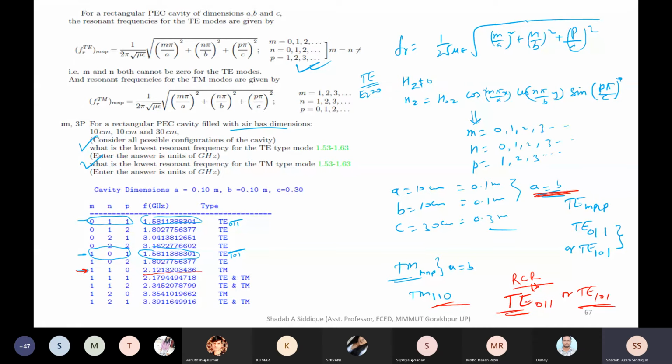Overall, the dominant mode will be TE101, because here it is asked separately for TE and TM, but overall the mode with the least cutoff frequency is TE101 for A greater than B. But for this particular question, you have these two answers: 1.58 for TE and, for the TM mode, the lowest resonant frequency is 2.12. It is 2 point something. Okay, I hope it is clear.